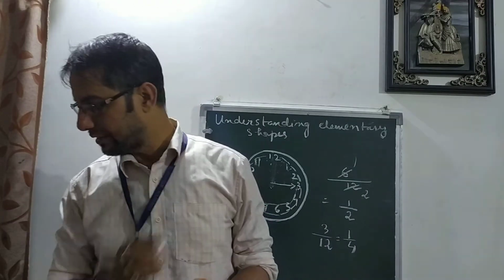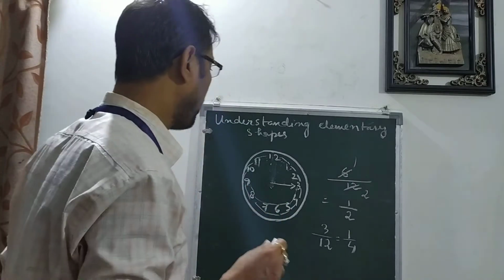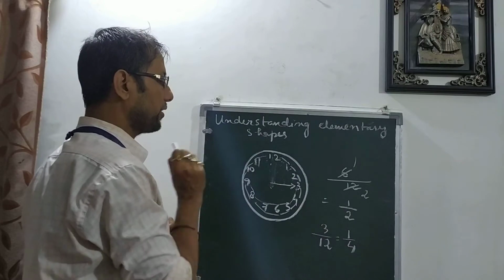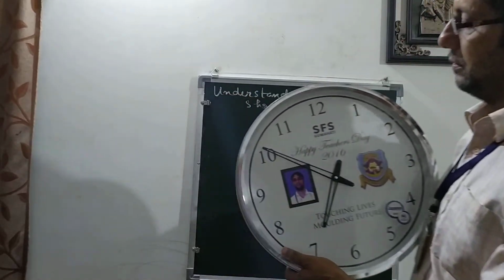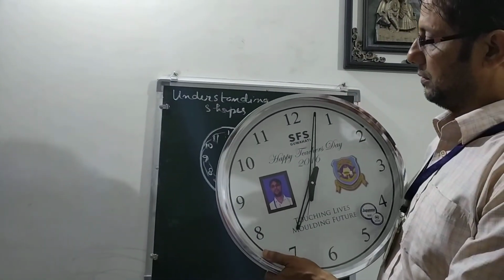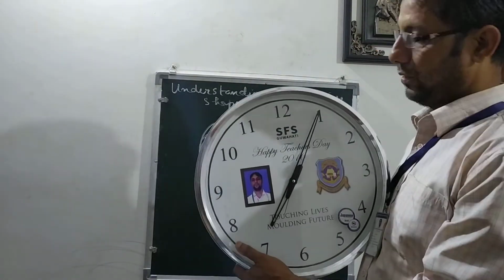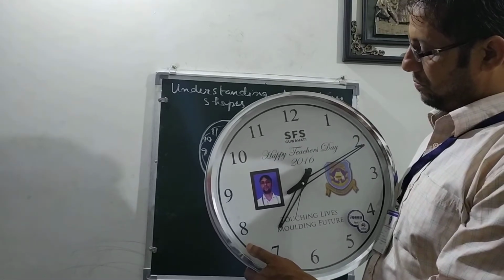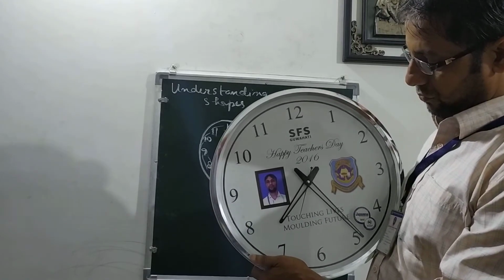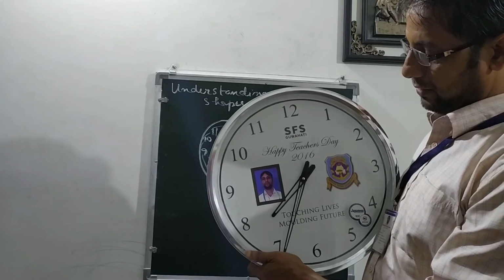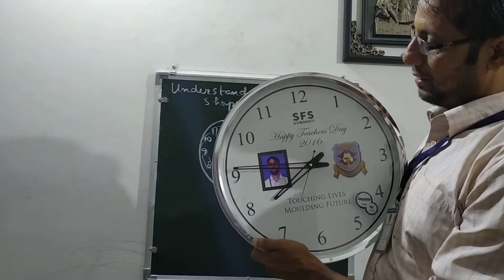Next, one more example, students. If it moves from 1 to 10, what fraction of a revolution is it? This is 1. Now let me count how many parts there are from 1 to 10: 1, 2, 3, 4, 5, 6, 7, 8, 9.